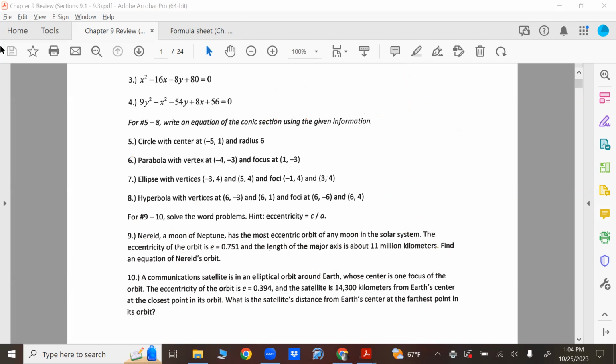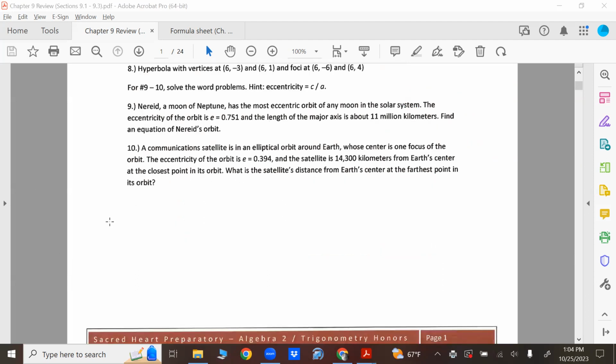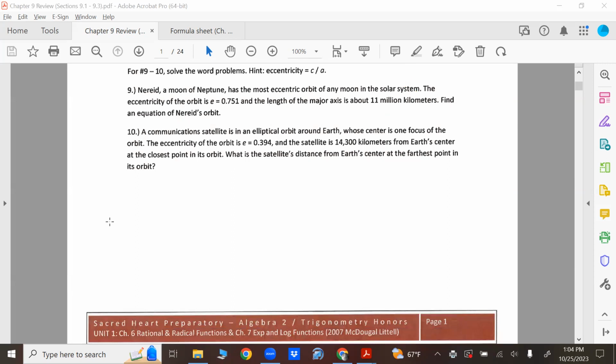Okay, guys, quiet, please. Okay, word problem. So there's a new concept I haven't talked to you guys about yet. It's called eccentricity. Eccentricity is a measure of how elliptical your ellipse is going to be, but also going to be applied to the other conic sections as well, especially circles, because circles are not elliptical at all, right? They're circular.